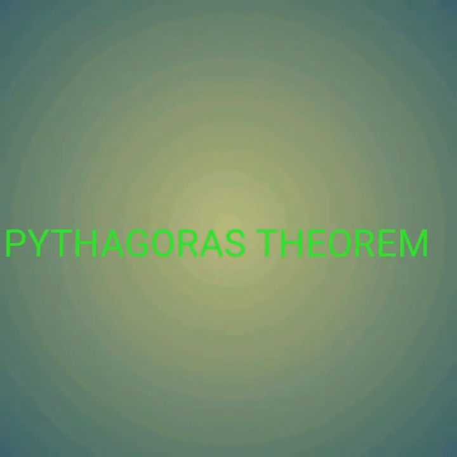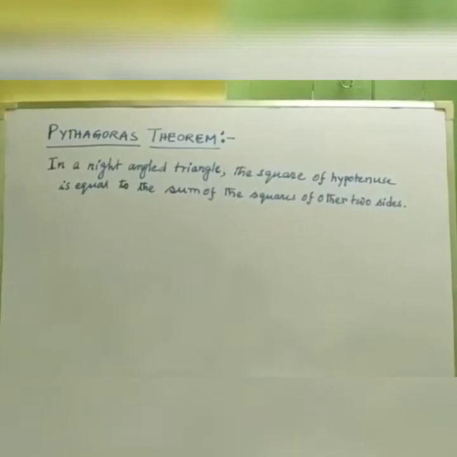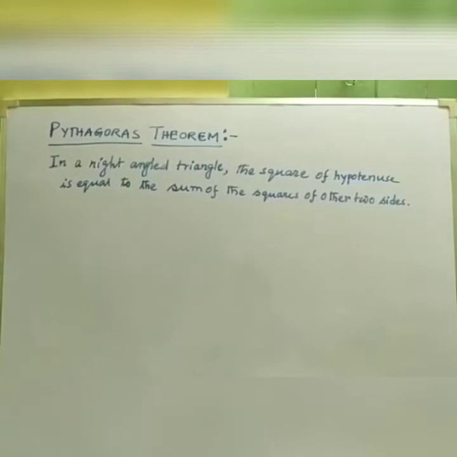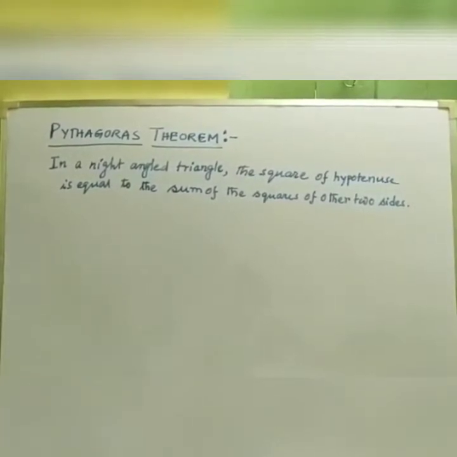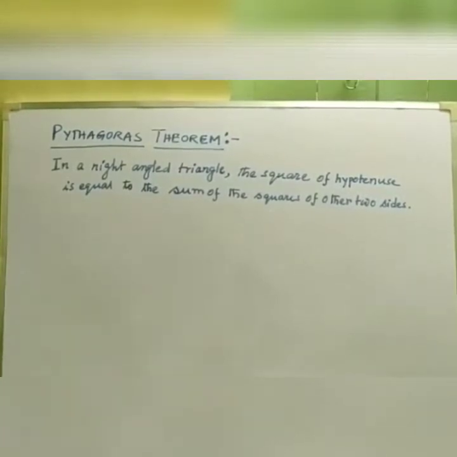Second topic, that is the Pythagoras theorem. Let us see one of the most important theorems from your class 10 triangle chapter, that is the Pythagoras theorem. You have learned the applications of the Pythagoras theorem from junior classes, but never got the proof.